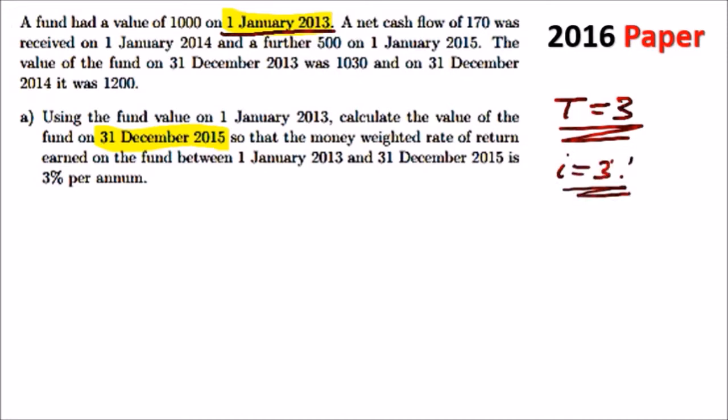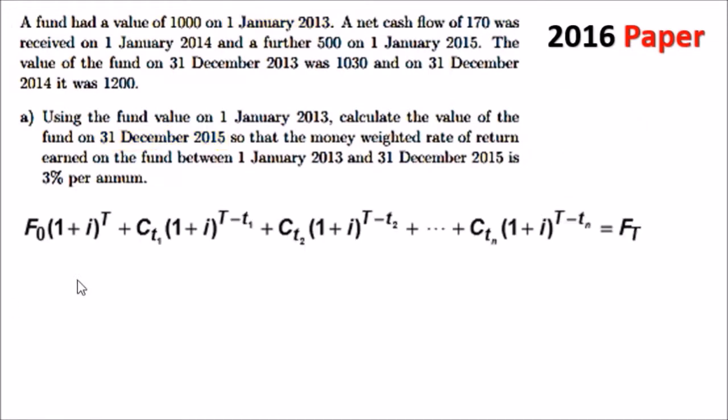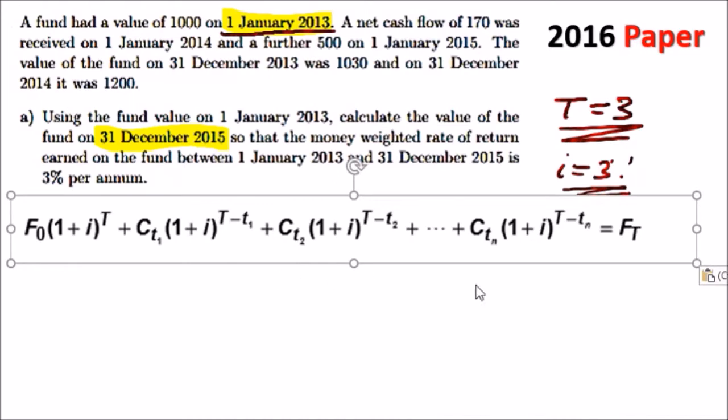Now the rest of the values here, we can define them. So we have a fund value of 1,000 on the 1st of Jan and a net cash flow of 170. So using the formula from the previous slide, we can just replace terms. So let's have a look.